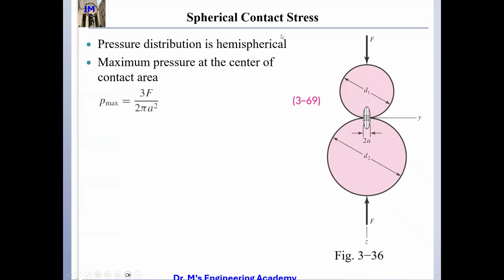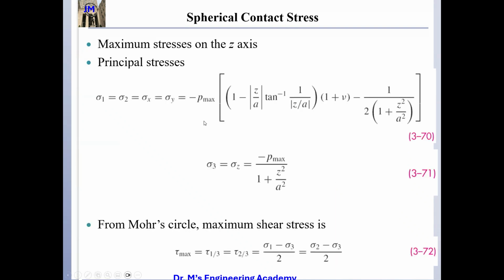So for spherical contact stress, when they are pressed together, you can see here the contact stress with 2F, D1, D2. This is the hemispherical maximum stress at the center, calculated using this one. The maximum stress is on the z-axis, and the principal stresses sigma 1 and sigma 2 are equal to this, and sigma 3 equals this.